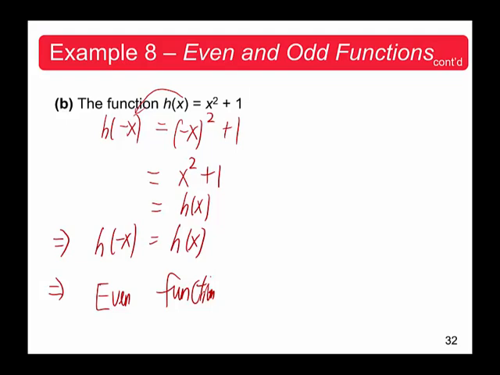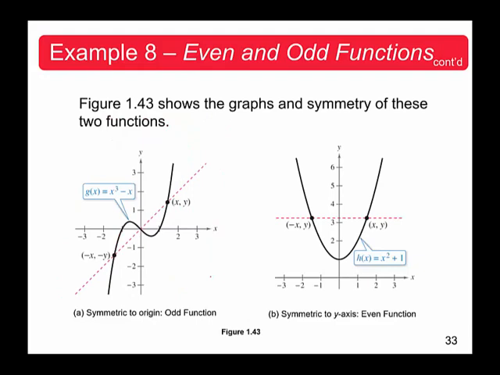Okay, so again, we're using the definition to determine even and odd functions. And as you can see, graphically speaking, the odd function has symmetry with respect to the origin. Because for any point here, x becomes negative x and the y value becomes negative y. They both become opposite, so that's why it's symmetric with respect to the origin.